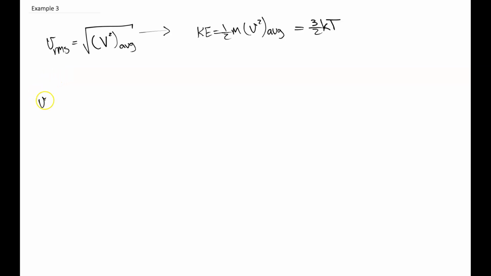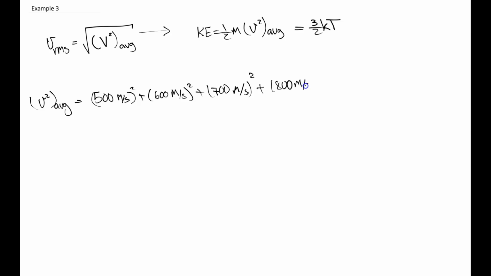So let's start by finding v squared average, which means since we have 5 speeds, we have 500 meters per second quantity squared plus 600 meters per second quantity squared plus 700 meters per second quantity squared plus 800 meters per second quantity squared plus last one of 900 meters per second quantity squared, all over 5.